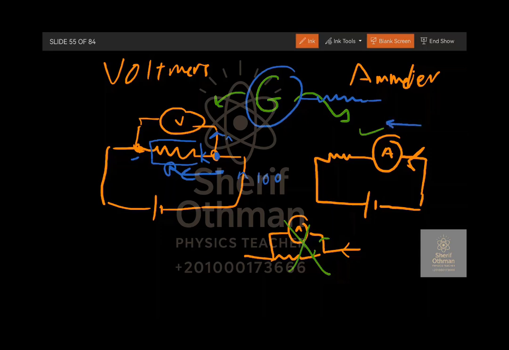But here you need to measure the amount of current that flows through the conductor. To measure it, you will connect a very small resistor in parallel with the galvanometer. So here is the galvanometer and here is the resistor. The electric current is going to move from here, passing through the small resistor, and only a small part is going to pass through the galvanometer.